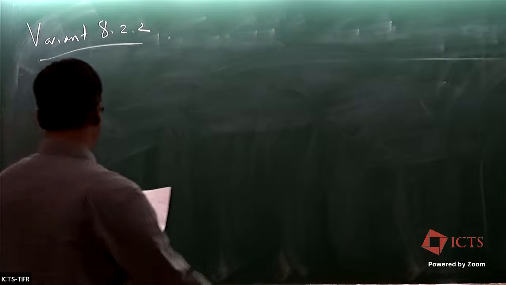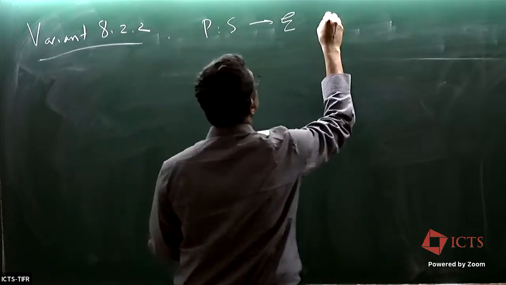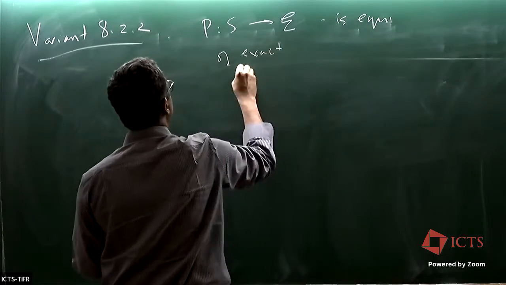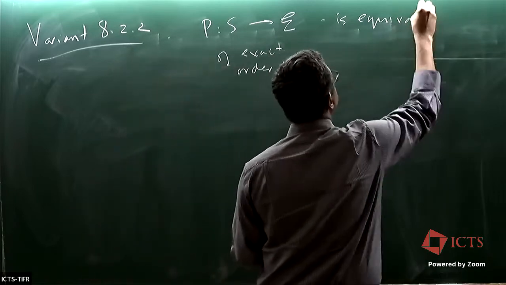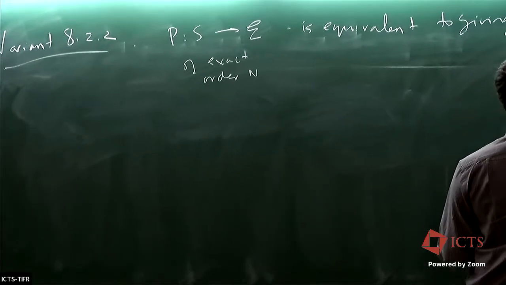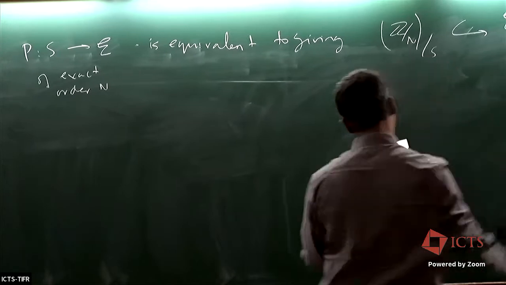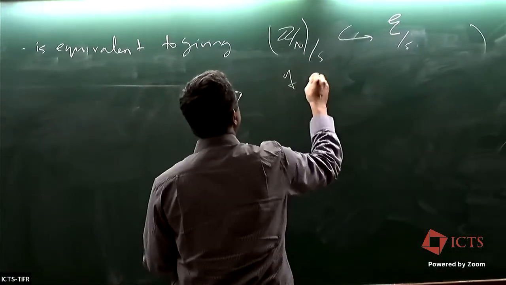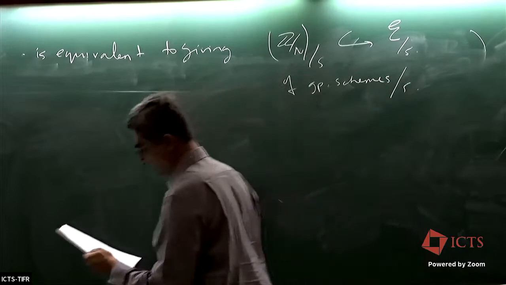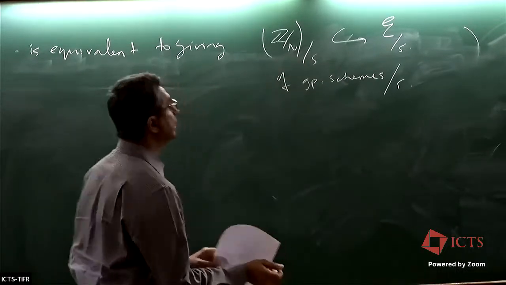Right, so giving a point of exact order n is equivalent to giving a closed immersion of group schemes inside E defined over S. So the variant is that instead of looking at this embedding, why not look at the embedding of mu n inside E?